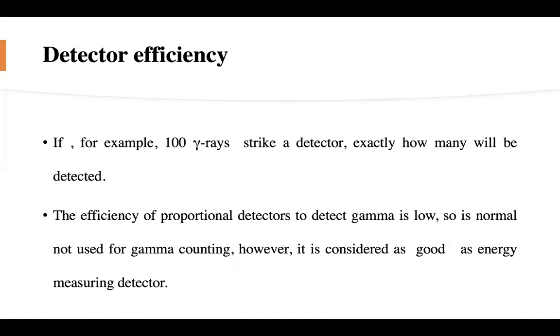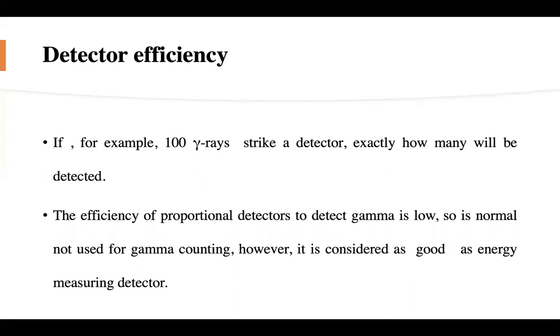The efficiency of the proportional detector, and we will also learn what a proportional counter or detector is. If the efficiency of a proportional detector to detect gamma is low, it is normally not used for gamma counting. However, it is considered as good as an energy measuring detector.